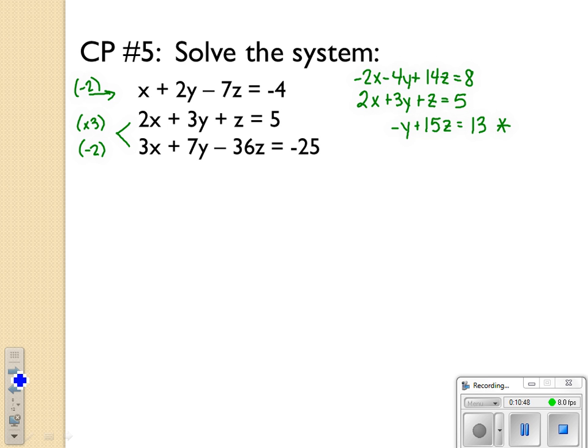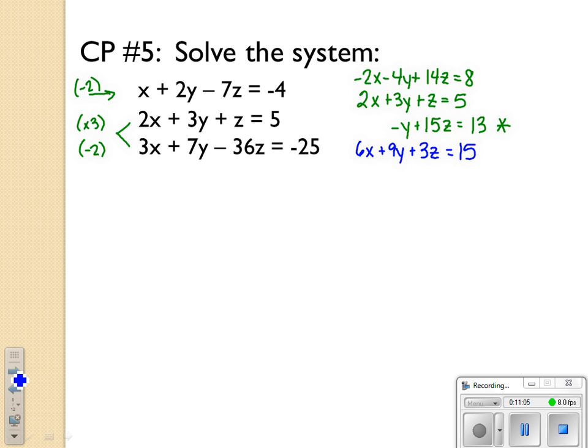So my new second line, if I multiply a 3 through that second one, 3 times 2x, 3 times 3y, 3 times z, and 3 times 5.